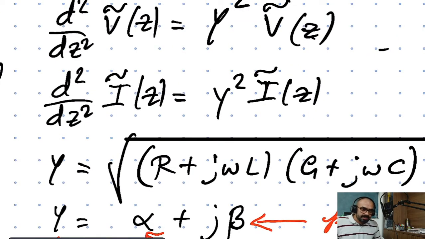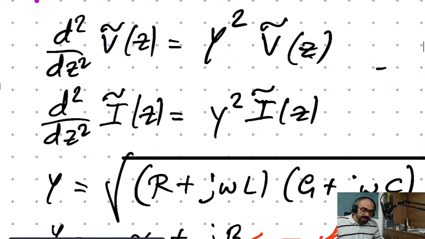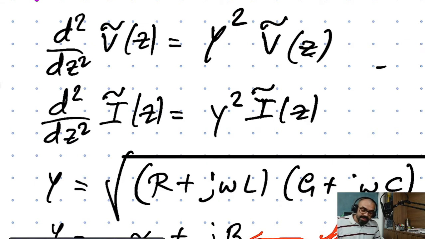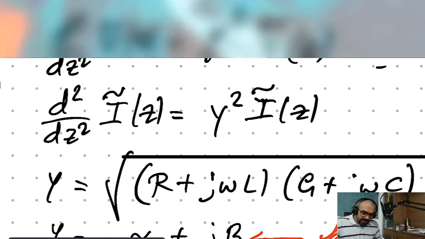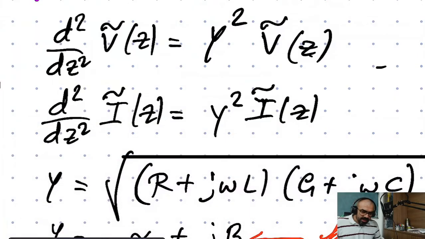They're just second order differential equations, simple ODEs. So d²/dz² of V as a function of z. Note, however, that V and I now are phasor quantities, which have an e to the power jωt time dependence.